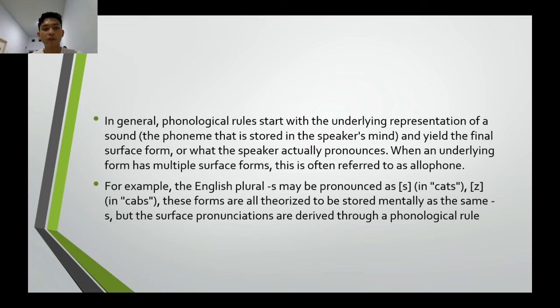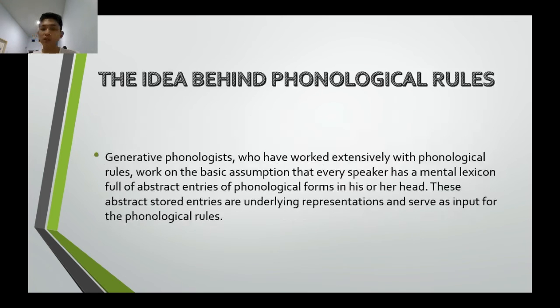When the underlying form has multiple surface forms, these are often referred to as allophones. For example, the English plural S may be pronounced as S in cats, Z in caps. These forms are theorized to be stored mentally as the same, but the surface pronunciations are derived through a phonological rule.